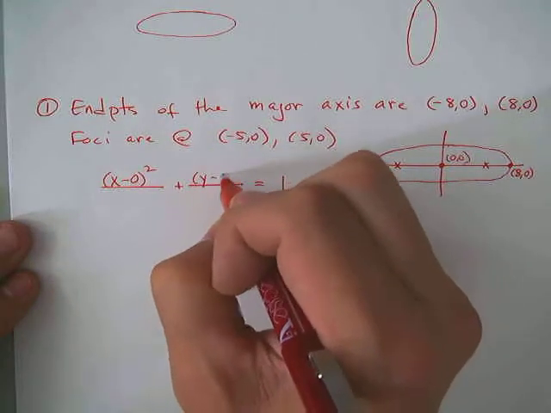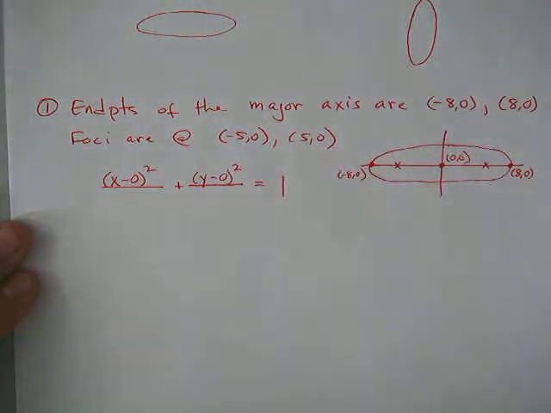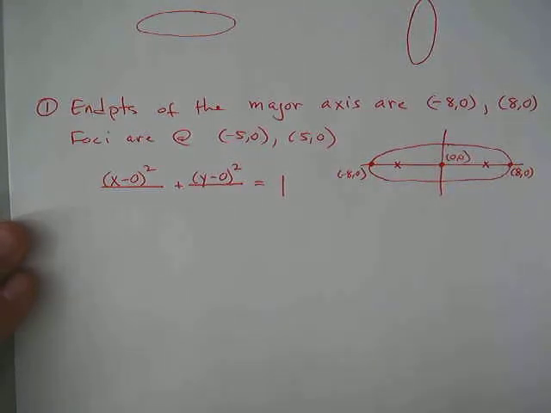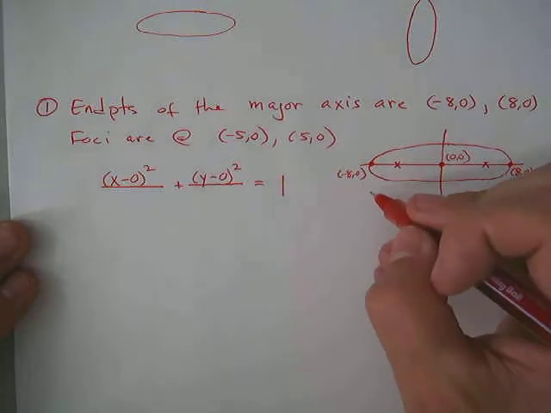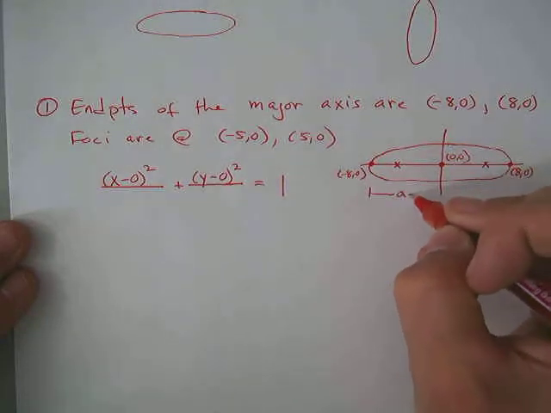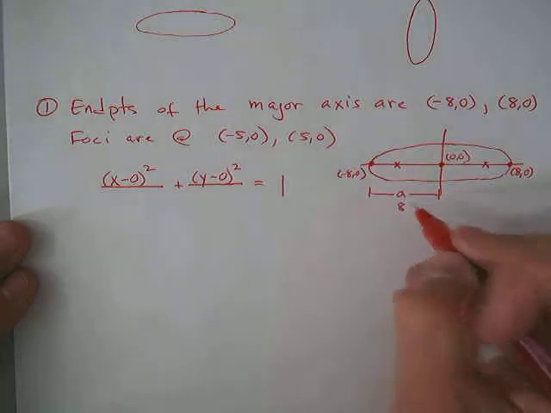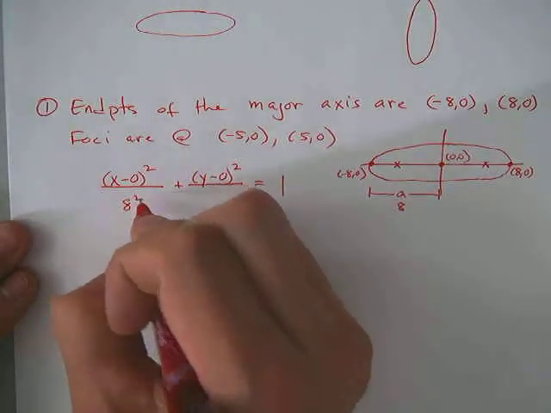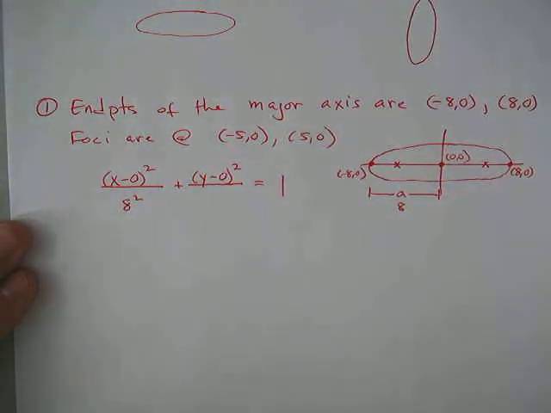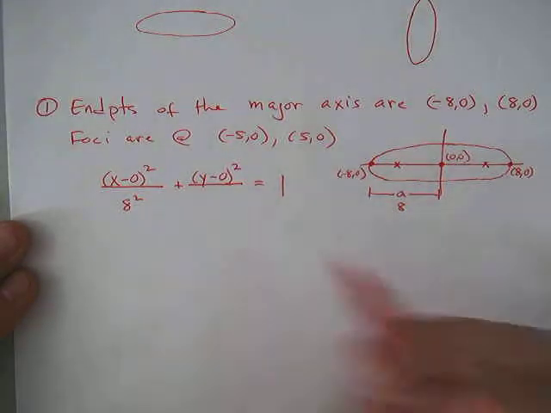So that is going to say x minus 0 squared plus y minus 0 squared. Now a value. Remember, a is the length of half the major axis. So that's the distance from here to here. Well, that distance is 8. So this is going to be 8 squared.